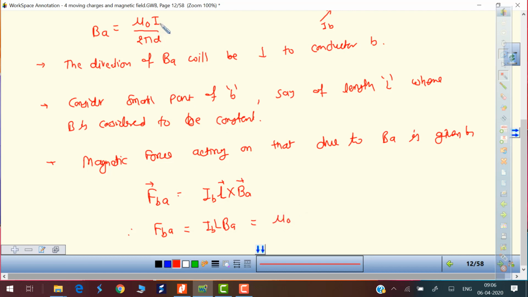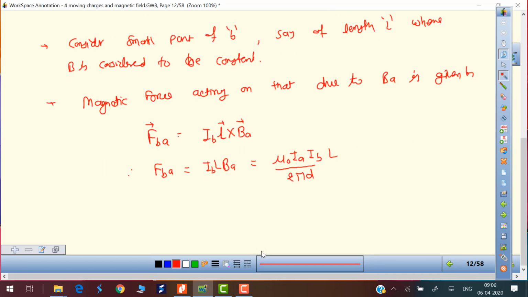Okay, the current in B is IB. So we get mu 0 IA IB L upon 2 pi d. So this is the force acting on B for this length L.